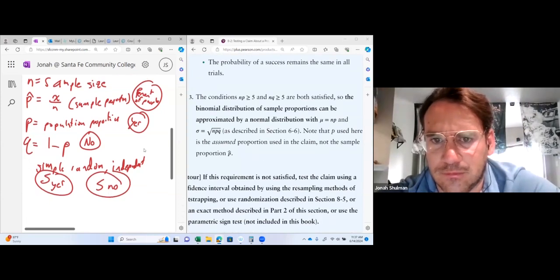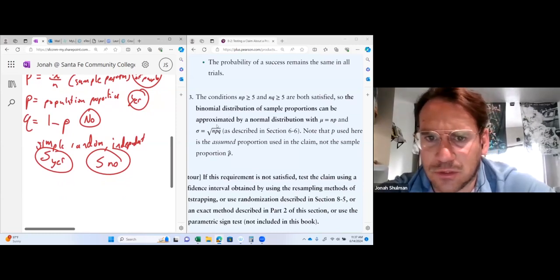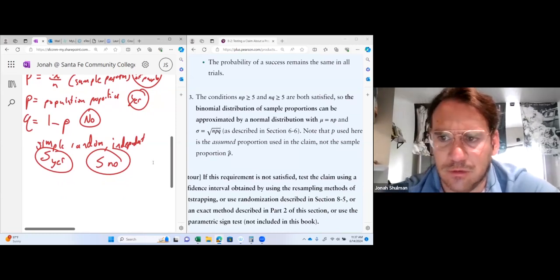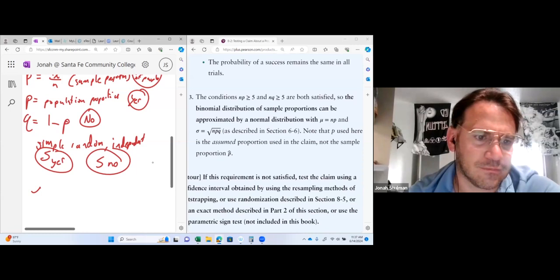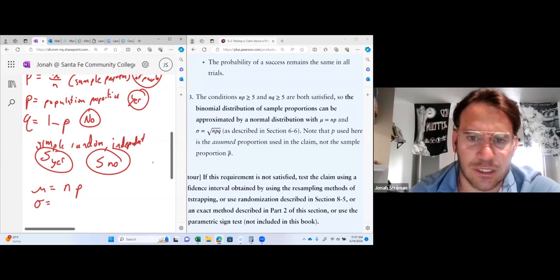So the binomial distribution of the sample proportions can be approximated by a normal distribution, where our mean is the number of people times p, and our standard deviation is the square root of n times p times q.